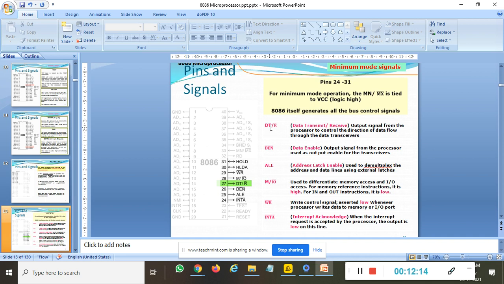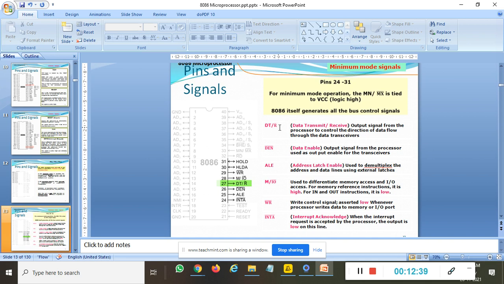First is DT/R bar, data transmit or receive. It is an output signal from the processor to control the direction of data flow through the data transceiver. A transceiver both transmits and receives. Look at the arrow in the output direction, which means it is an output signal.